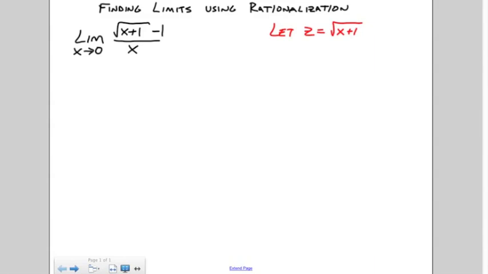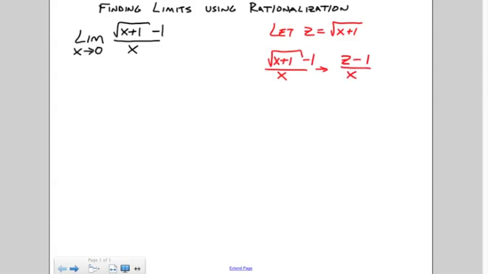All right, as I continue my scratch work here, if we're working with this fraction, the square root of x plus 1 minus 1 over x, I have now made that z minus 1 over x.